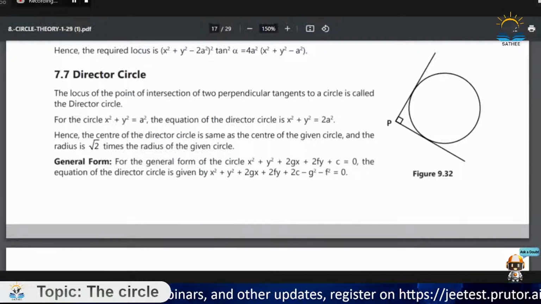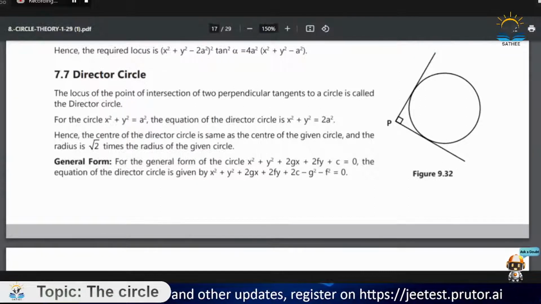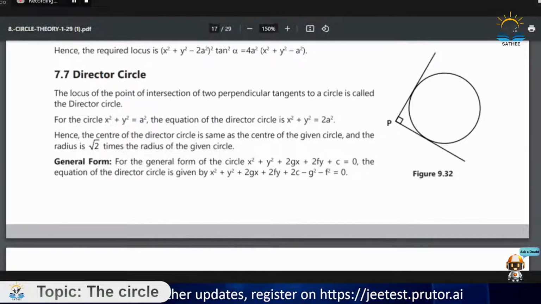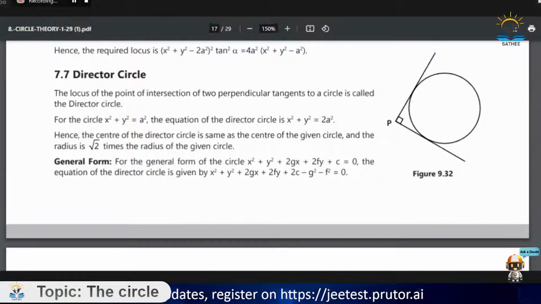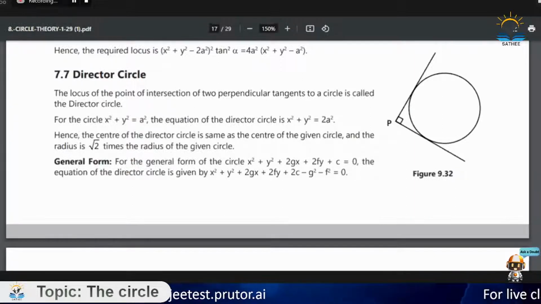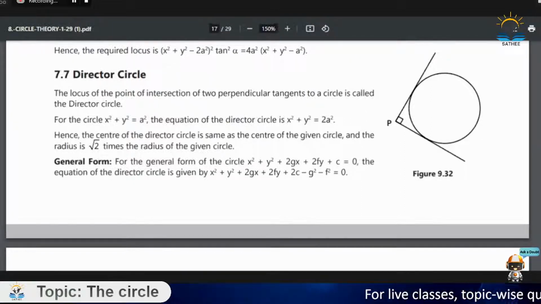Okay, now let us see what a director circle is. Sometimes in JEE they directly ask that a circle is given and tell us the equation of the director circle. The director circle is a concentric circle of the given circle, and its radius is root 2 times the radius of the given circle.